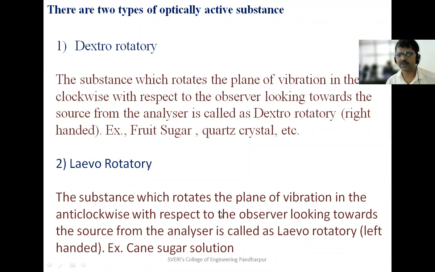Okay, in detail we'll see in the next lecture. Now we'll stop here. There are two types of optical active substances: dextrorotatory and levorotatory. For the next lecture we'll see. We will stop it now. Thank you.